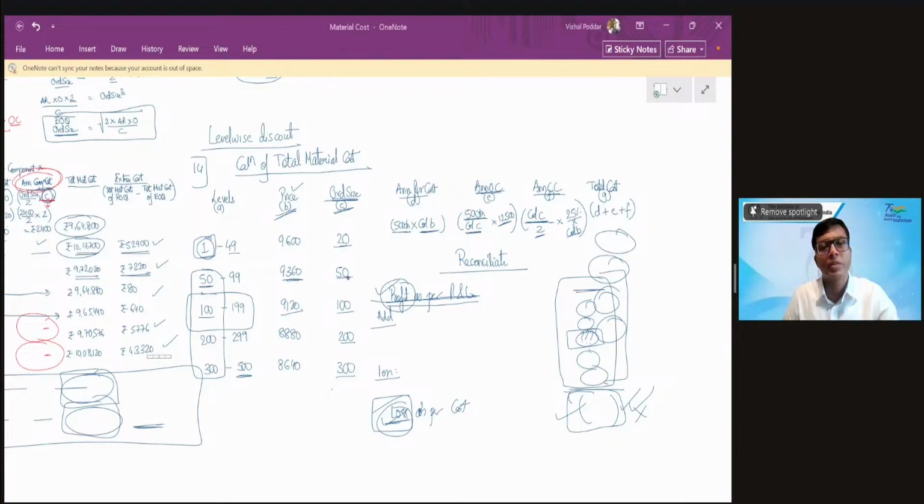Now, there is one mathematical possibility that if let us say this is coming as the most economical level, now you can take this price and taking this price, you can find out an EOQ. See, the basic challenge in EOQ calculation in this type of question was that with different level, the prices were changing. And since the carrying cost, which is a percentage, was linked to price, the carrying cost was changing.